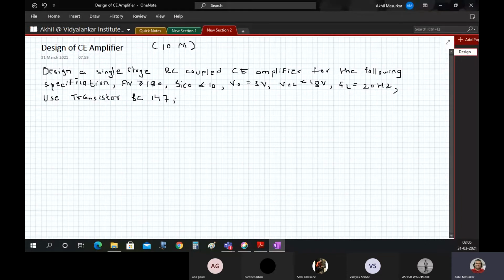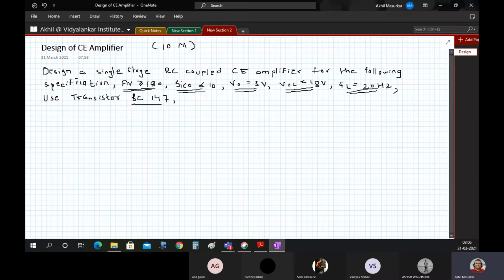And once you design the circuit for this spec, that is AV greater than 180, SICO less than 10, maximum output should be 3 volts, VCC should be 18 volts, and the lower cutoff should be 20 hertz.